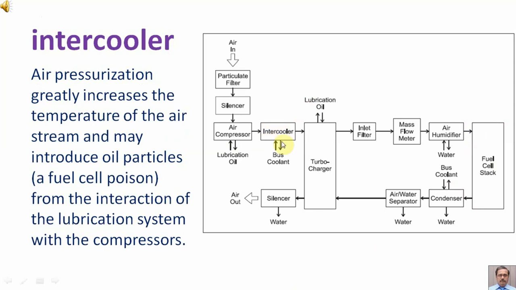Intercooler. Air pressurization greatly increases the temperature of the air stream and may introduce oil particles or fuel cell poison from the interaction of the lubrication system with the compressors.